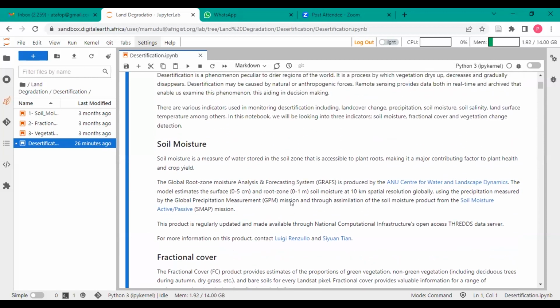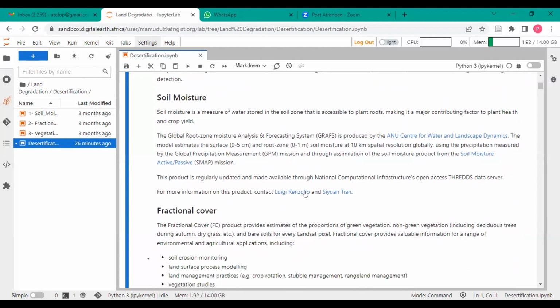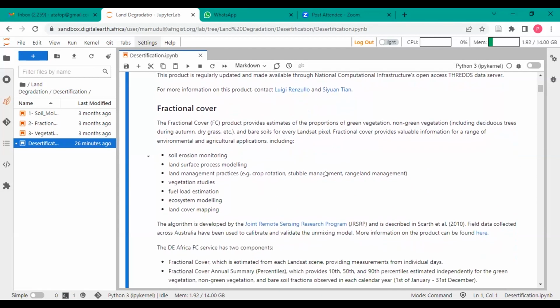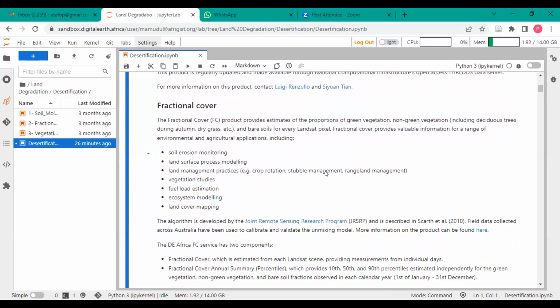So, like I said, we're going to analyze soil moisture, which is basically root zone moisture and soil moisture, as indicators of desertification. We're also going to be looking at fractional cover, which estimates the proportion of green vegetation, non-green vegetation, and dry vegetation in an area.